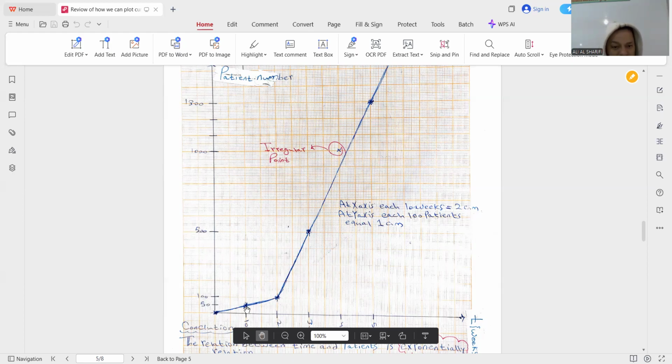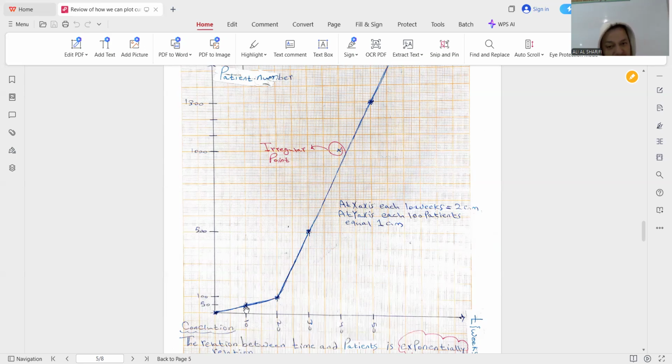By plotting these points with their two dimensions from x and y, I will have a simple curve like that. That means at first the patient number was very small.